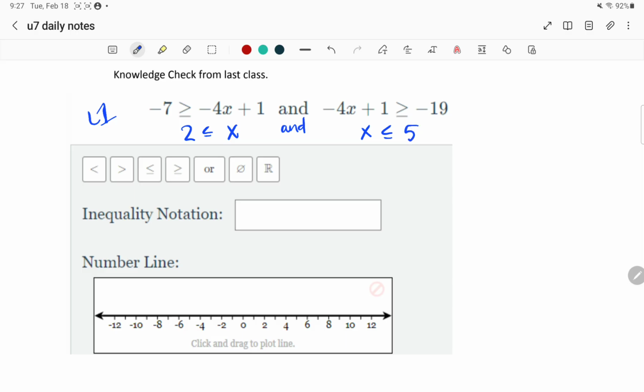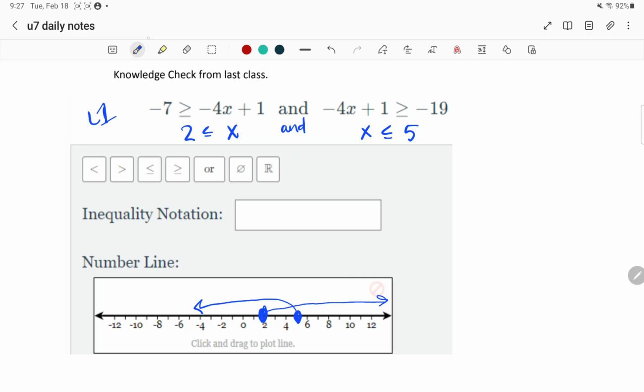So I'm going to graph first. I've got a closed circle on 2. I'm saying 2 is less than x, so 2 has to be less. Everything else has to be bigger. So I'm going to go to the right here. And then closed circle on 5. I'm saying x is less than 5, so everything's smaller than 5. We're going to go this way.